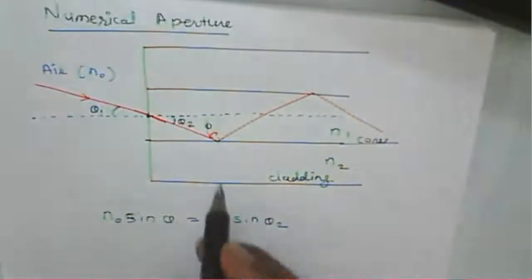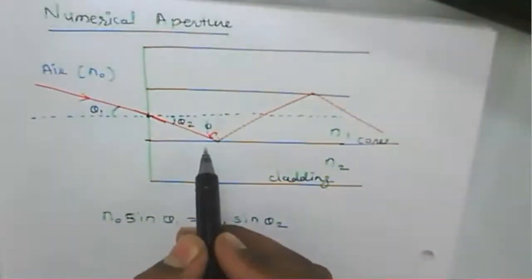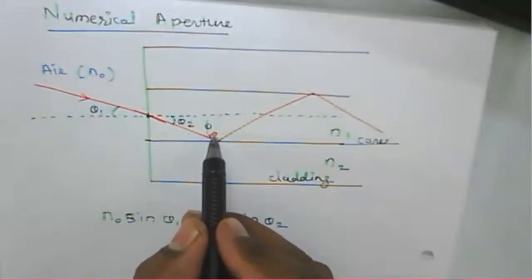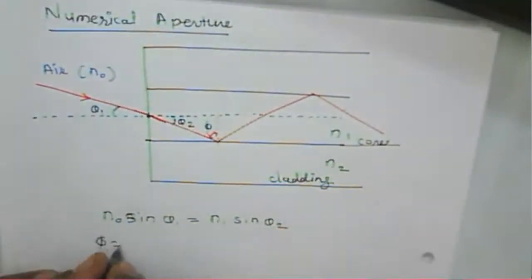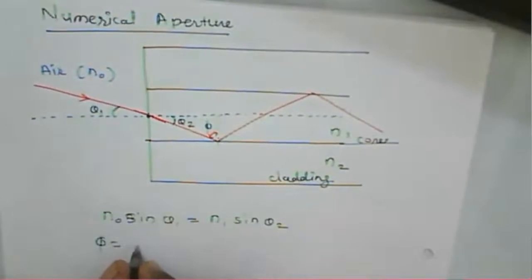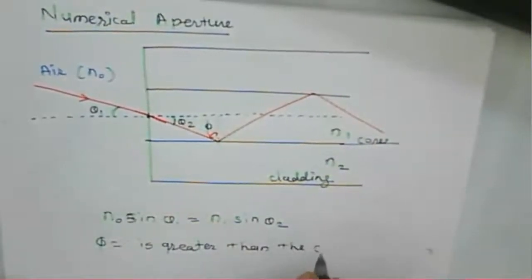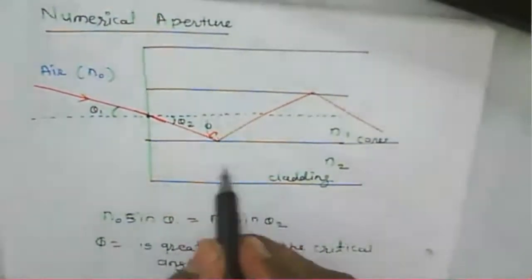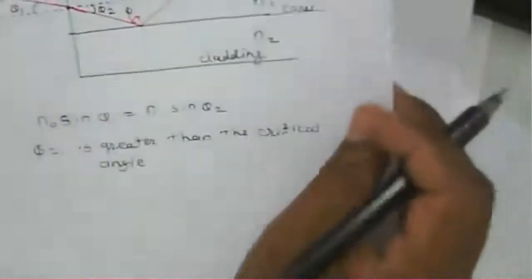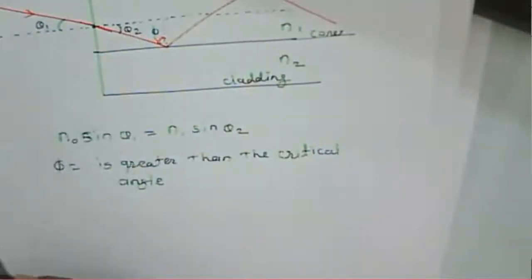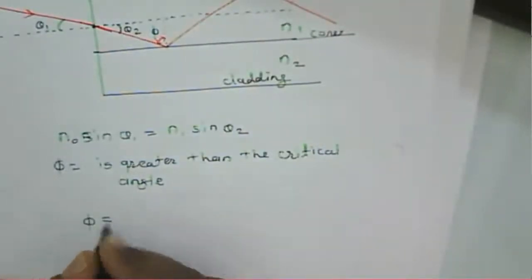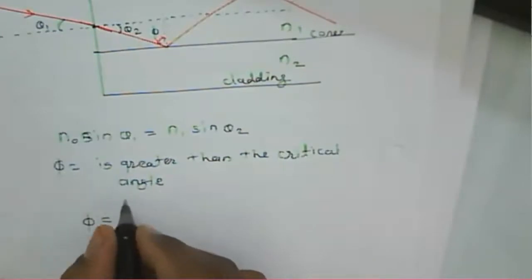Now we consider that this angle is phi. That angle phi must be greater than the critical angle; if phi is greater than the critical angle, then light is propagating through the fiber.